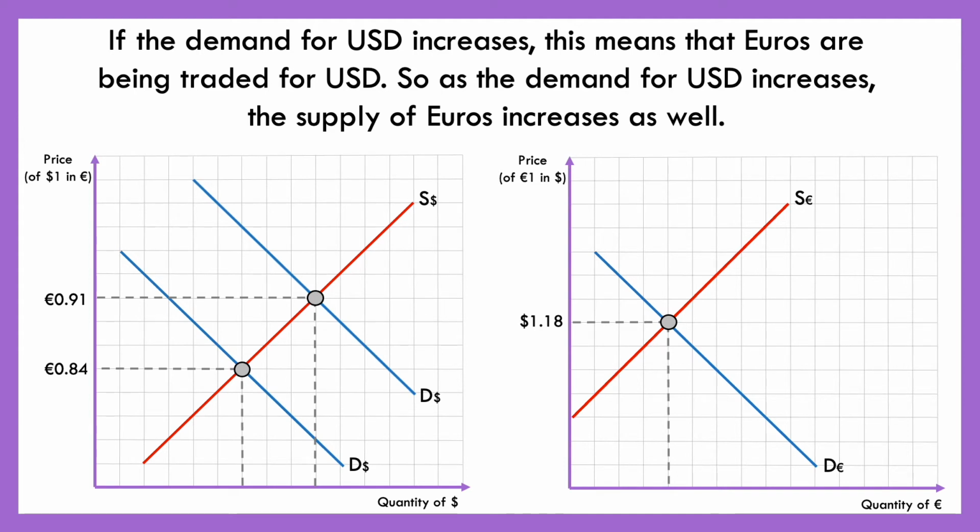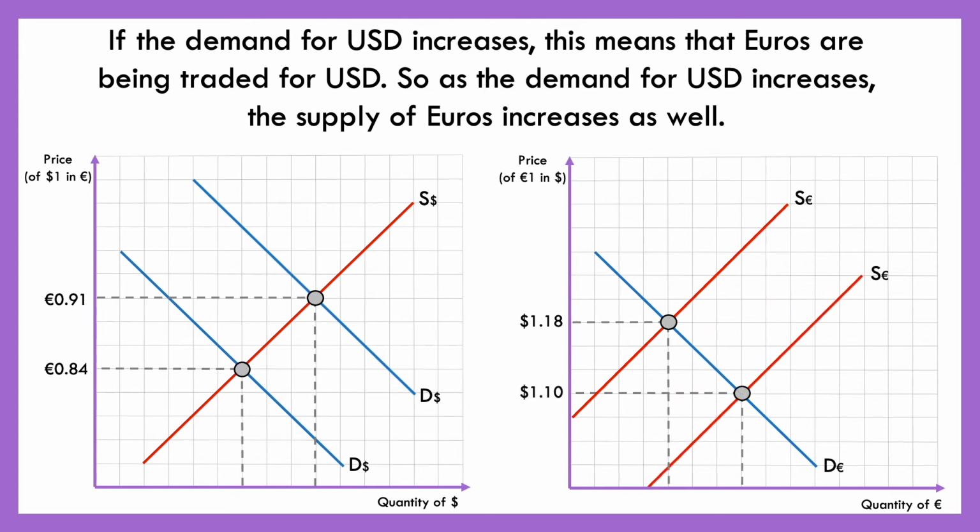We said that was the exchange rate where 1 US dollar equals 0.84 euros, but at the same time, 1 euro equals $1.18 US. Now, as all these Europeans are demanding more US dollars, in order to demand those US dollars, they have to supply their own currency. So they would increase the supply of the euro to the foreign exchange market.